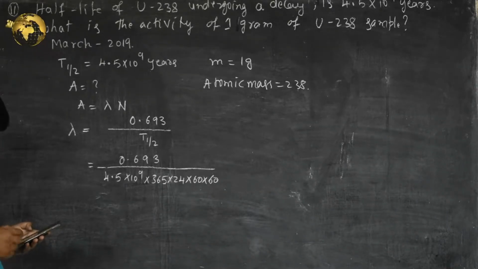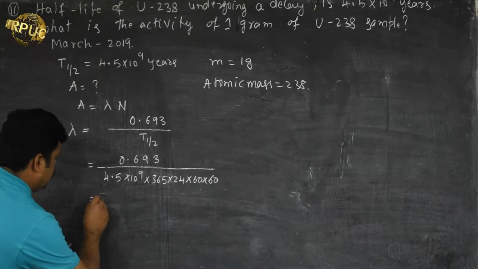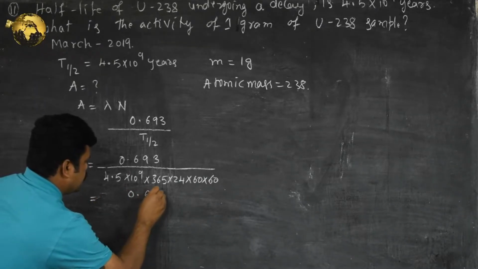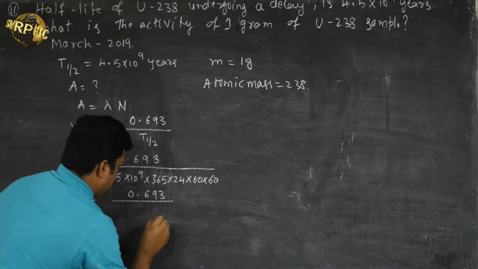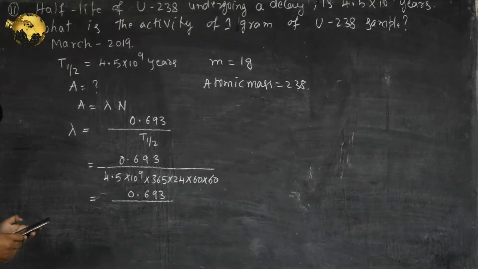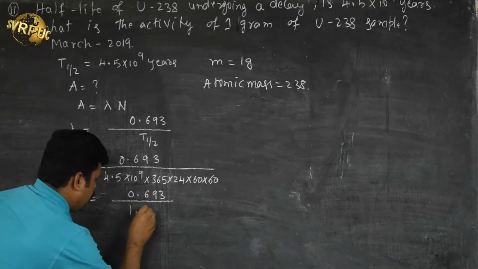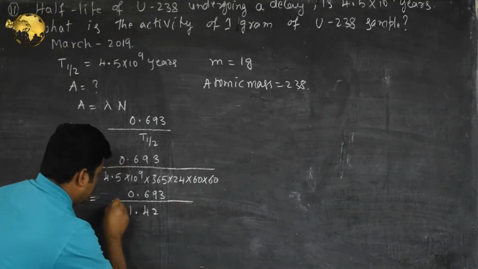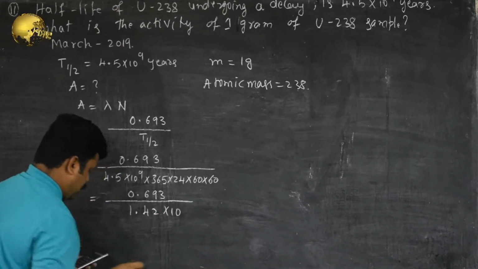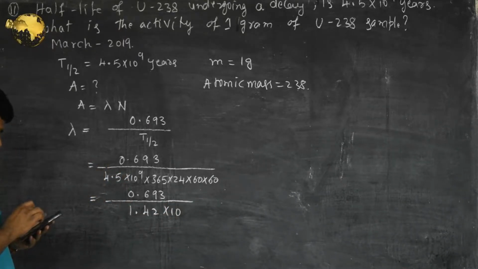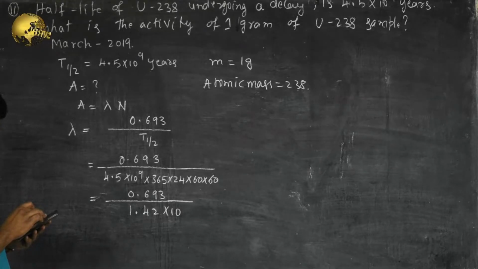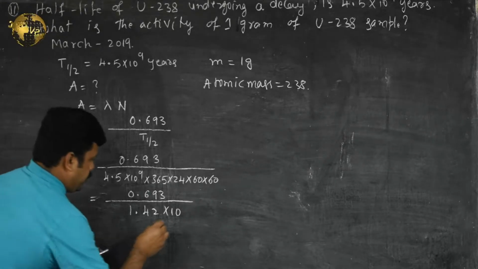Okay, we get this as 0.693 divided by 1.42 into 10 to the power 8.